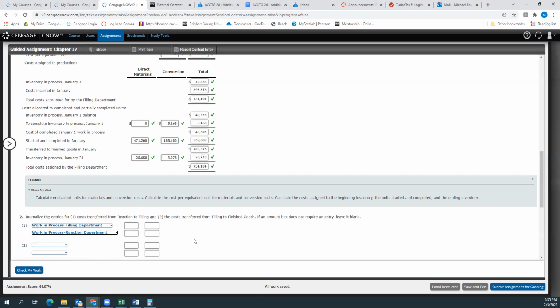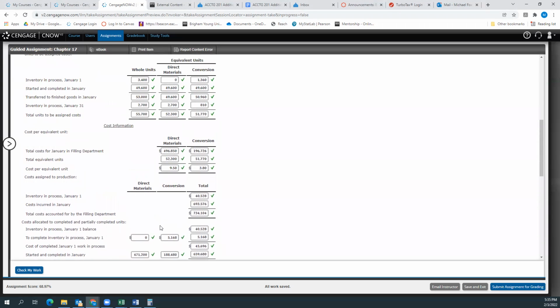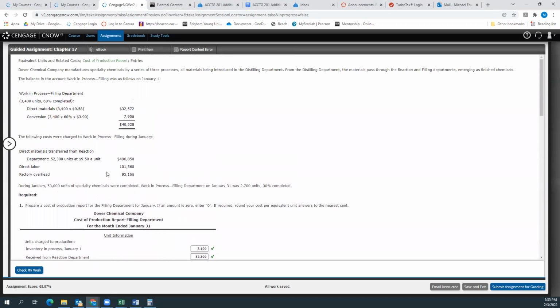And then the amount is going to be the amount that we're transferring over. So again, let's see. We come all the way up here. The amount transferred from reaction was $496,850.